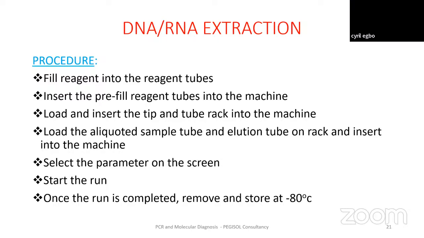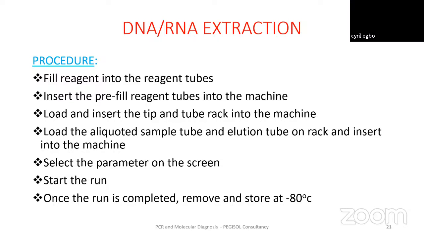Then you put everything together, then you select the parameter on the screen that, okay, I just want to do extraction for DNA or RNA. Then you press run. And once the process is complete, it's just for you to remove and store, or use to amplify or analyze. So this is the method for DNA extraction.